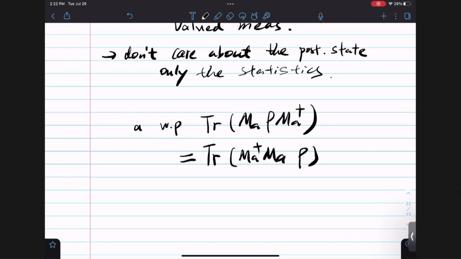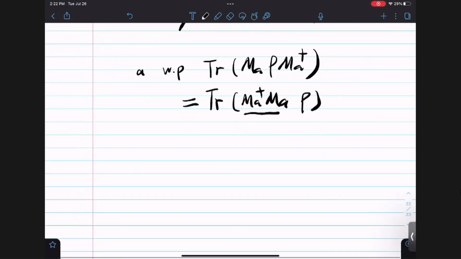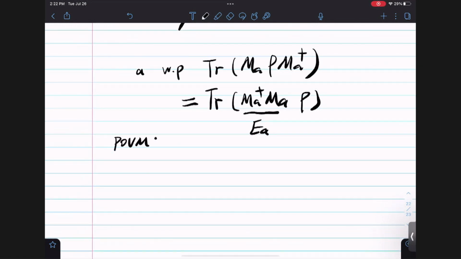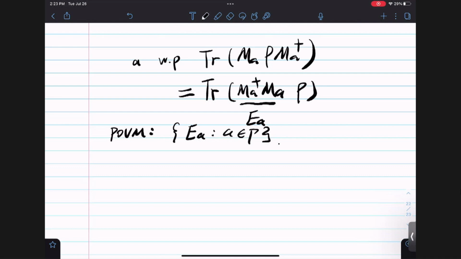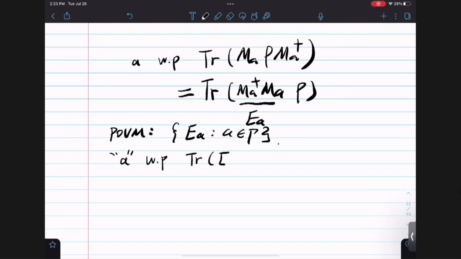So that means to determine the statistics, we don't need to know exactly what M_A is, but just this M_A dagger times M_A. So we denote this as E sub A. So for a POVM, we just need to specify a bunch of matrices, and then we know that when we measure under this POVM, we're going to see A with probability trace of E_A rho. And again, we don't care about what the state is afterwards.